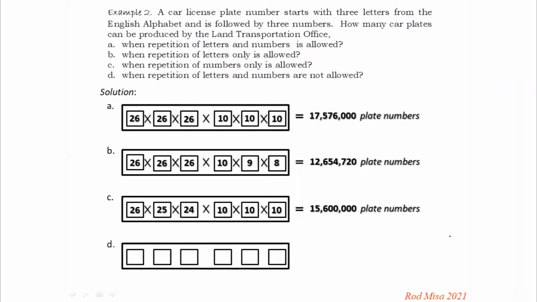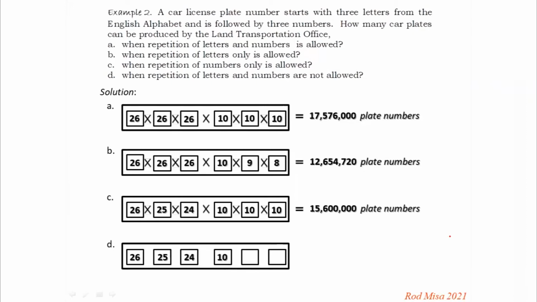And then, for the last question, when repetition of letters and numbers is not allowed, I will again draw these boxes here. For the first 3 boxes for the first 3 letters, I can choose any of the 26 letters for the first letter, and 25 for the second position because one of the 26 letters is used in the first position. In the third position, I am left with 24 choices. For the first number, I can use any of the 10 numbers from 0 to 9.